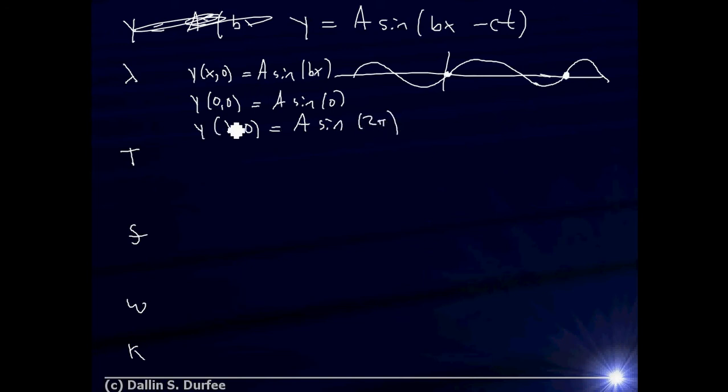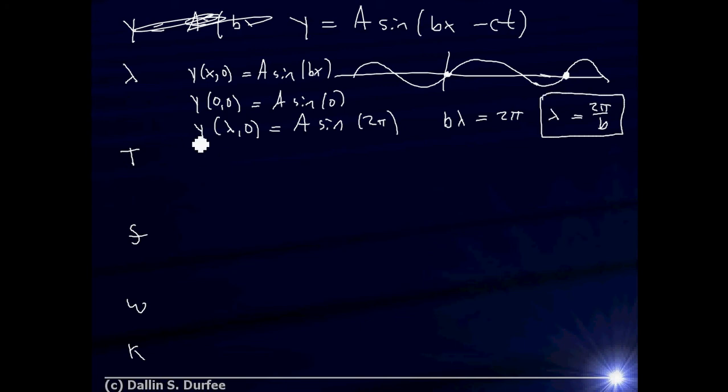If I plug in 1 wavelength for x, that's what makes my argument equal 2 pi. So B times 1 wavelength is equal to 2 pi, and the wavelength is just 2 pi over B. There you go, I've got the wavelength.